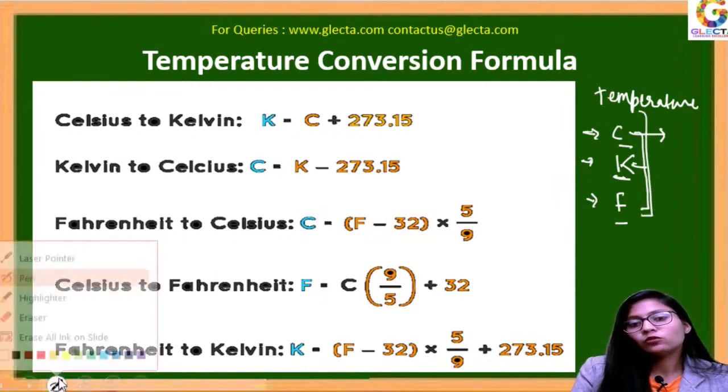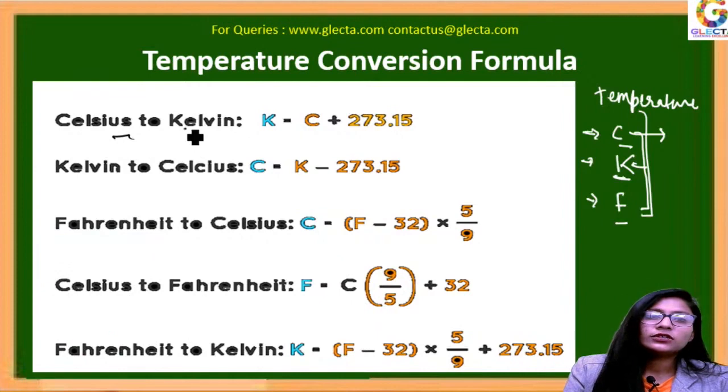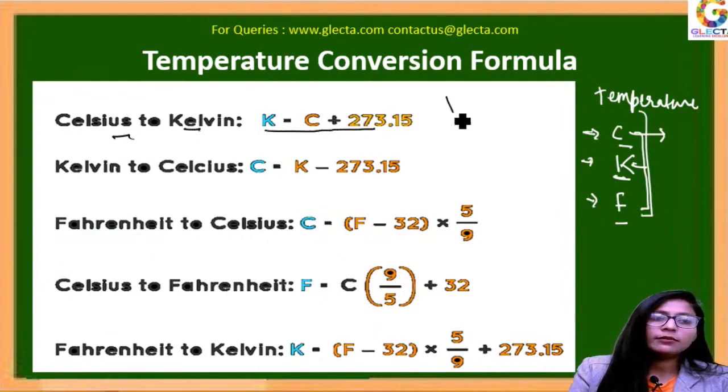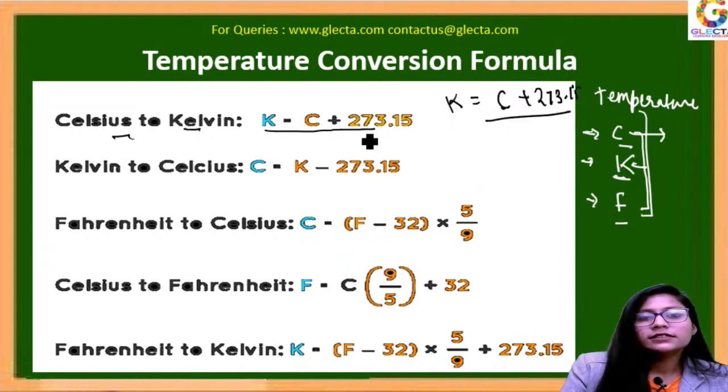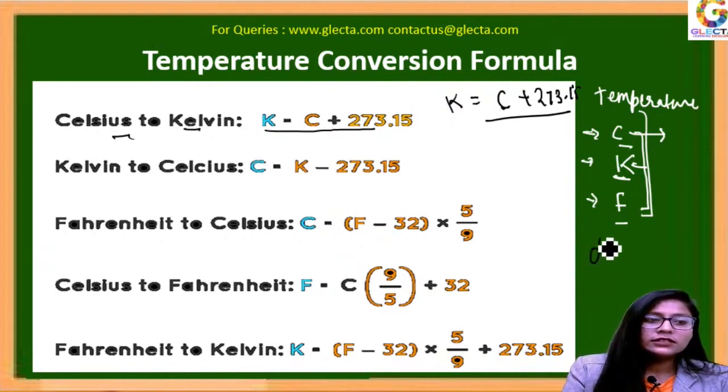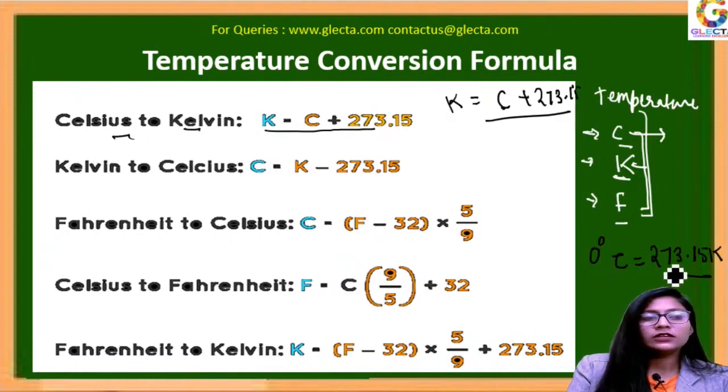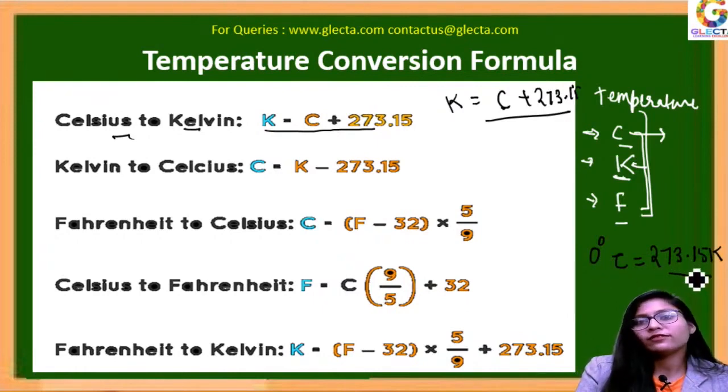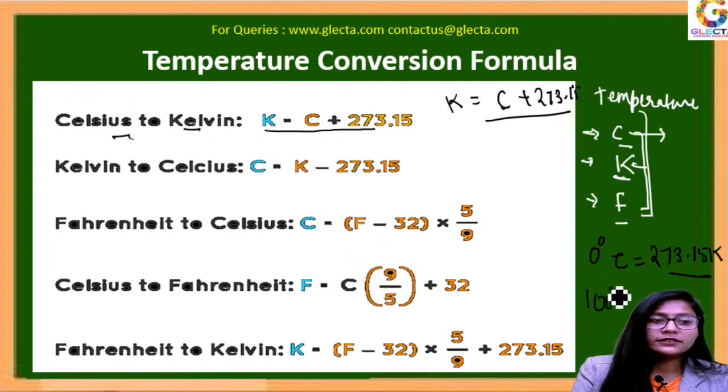For converting Celsius into Kelvin, we have this formula: K means Kelvin, C means Celsius, K equals C plus 273.15. 0 degree Celsius is equal to 273.15 Kelvin, and 100 degree Celsius would be equal to 373.15 Kelvin.